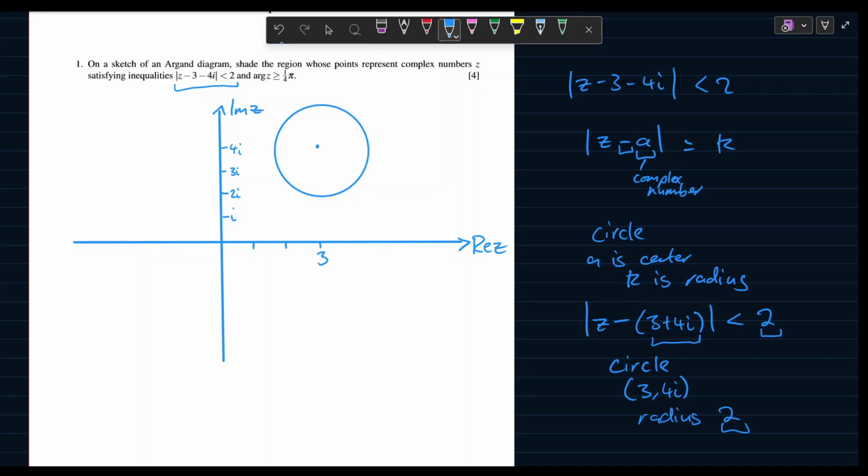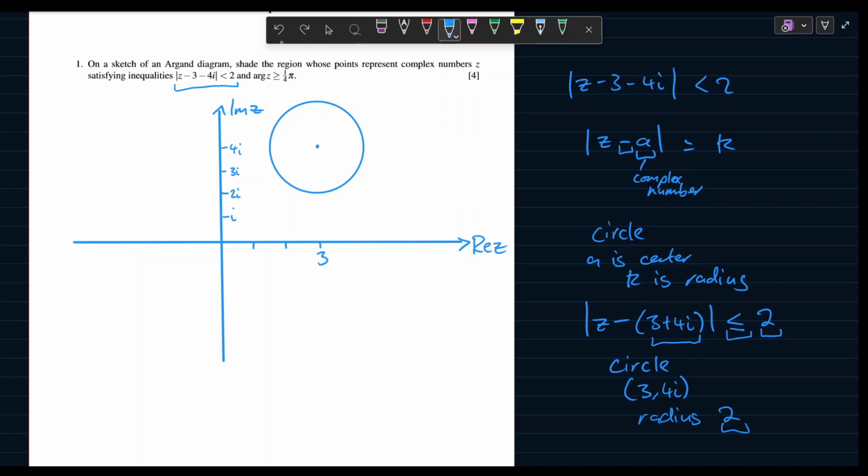Alright, I think that looks decent. Let me just shift it that way. Yes, this is going to be our circle. Make sure that it's somewhat accurate. But notice, because our sign here says less than 2, it means we want the points that are inside the circle, and so we are not including any of the points on the circumference.